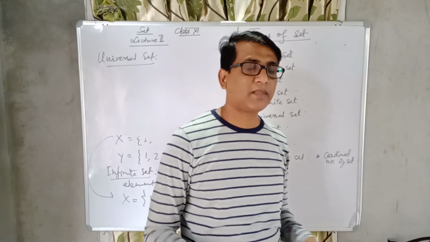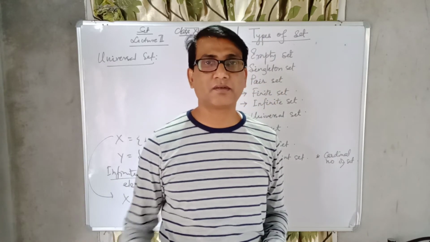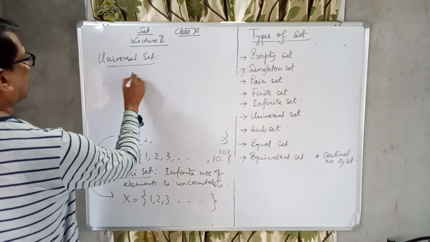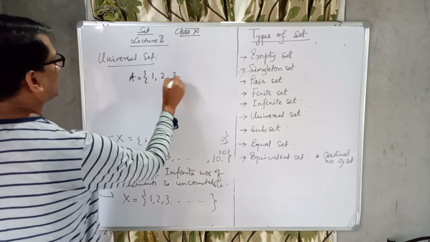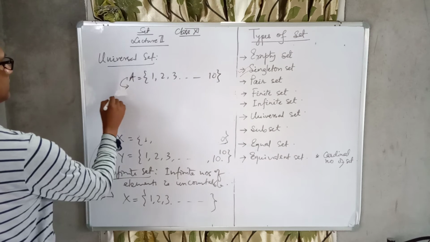Now, what is the universal set? The set including all the elements considering a set. As an example, if we take the set A as 1, 2, 3 up to 10, what will be the universal set?